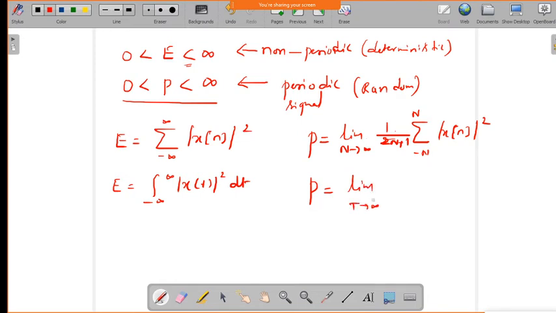Similarly, if you take the continuous time case, that is the limit as t tends to infinity. Since it is periodic, you can directly write the fundamental period t, that is 1 over t into the integral from minus t by 2 to plus t by 2 of |x of t| squared into dt.